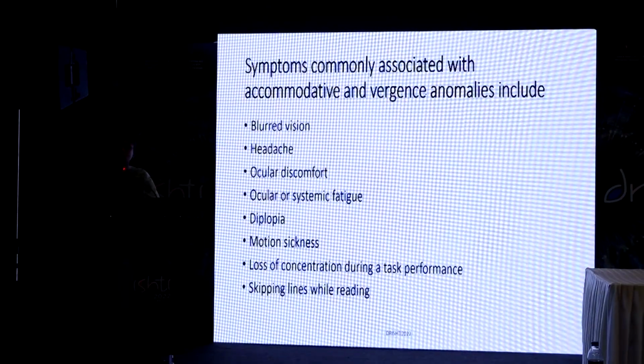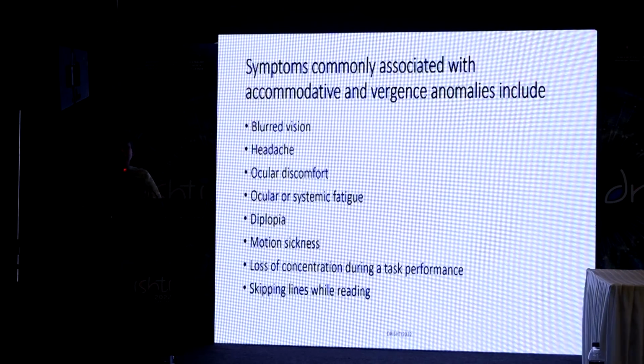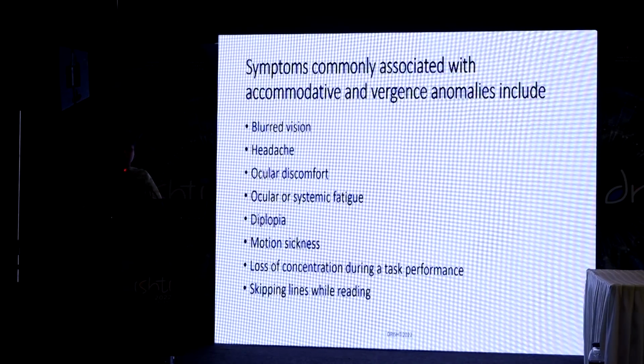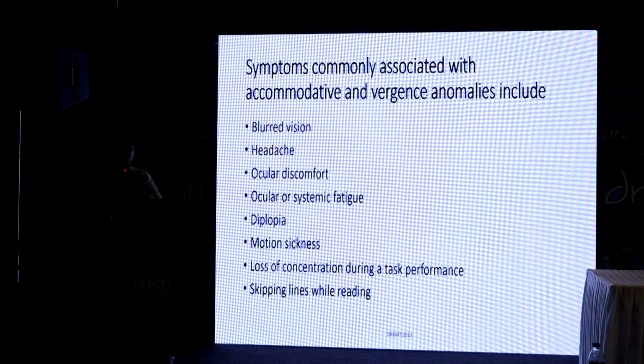While reading they skip words or entire sentences, and invariably it is very sad that in our school system we label those children as slow learners, or probably they have autism, or probably they have ADHD, and we just ignore them, right?